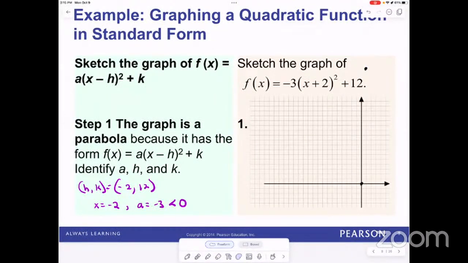This is our positive x over here, positive y in this direction. Let's see. So negative 2, 12.